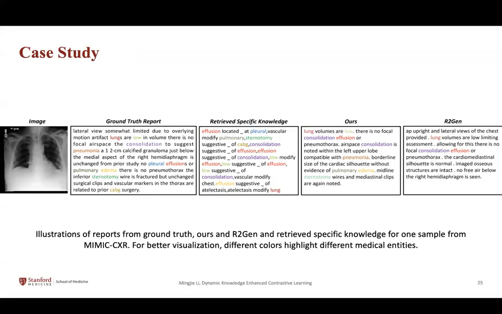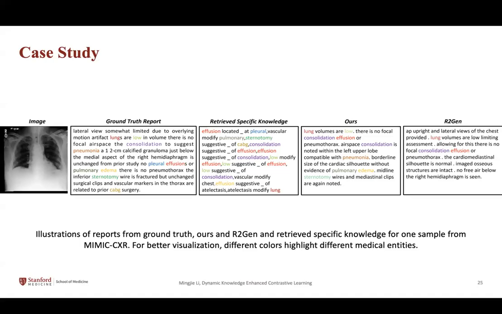To further explore our work, we do a case study. We perform the qualitative analysis on MIMIC with the retrieved specific knowledge and the reports from the ground truth, our model, and R2Gen, which is a very famous baseline model. Entities extracted by a standard tool from the ground truth report have been highlighted with different colors.